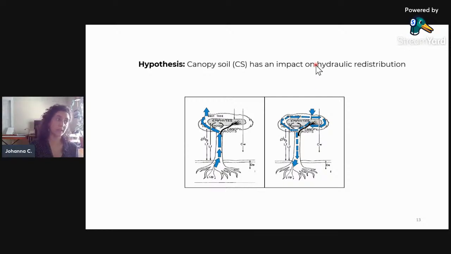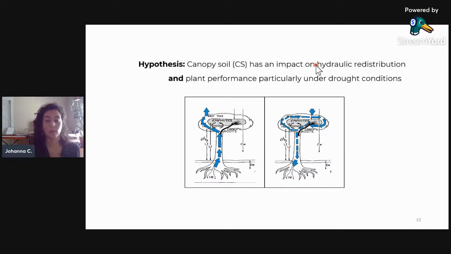But not only will canopy soil have an impact on hydraulic redistribution, we also wanted to know how plants will respond if they have canopy soils under drought conditions. Under drought conditions, the canopy soils could be just an extra source of water that helps to alleviate the drought conditions of the tree.